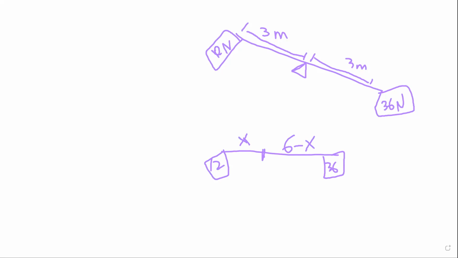This is a way to find where the first boy should sit in order to be balanced with the second boy. Since they are balanced, 12x equals 36 times (6 minus x).